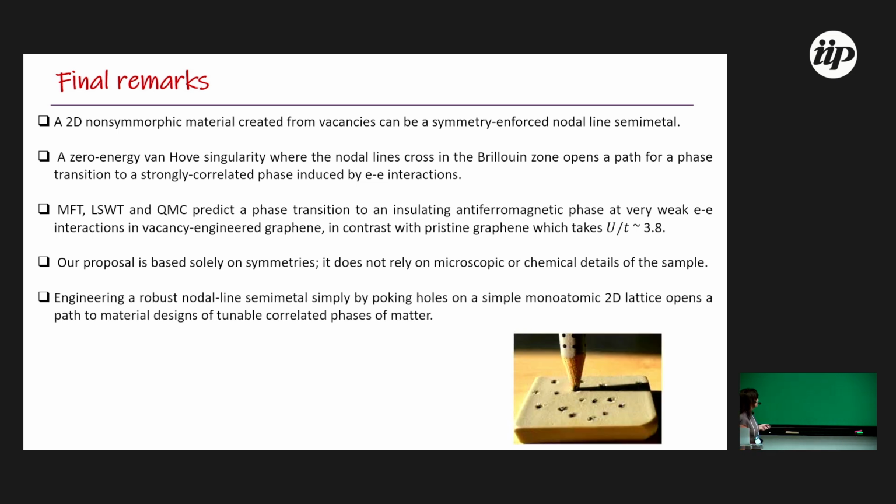So I'm telling you that you can engineer a robust nodal line semi-metal simply by poking holes in a monoatomic symmorphic crystal, and this is a path for phase transitions to correlated phases of matter because of, for one, the Van Hove singularity at zero energy.